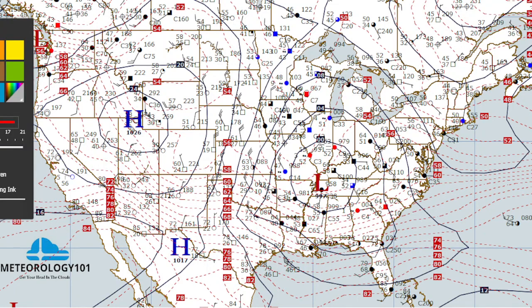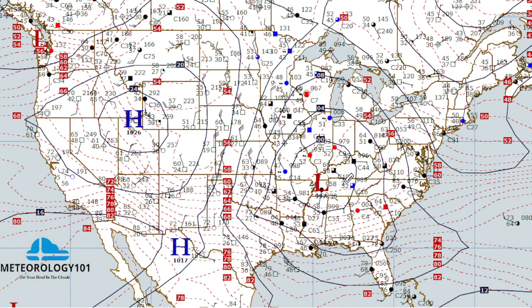Typically, if I pulled my leading edge of the warm air advection, that would be your warm front. So the leading edge of your cold air advection would be your cold front.